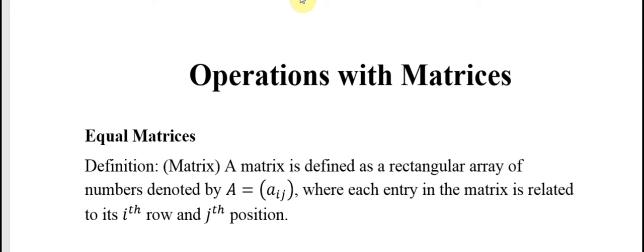So first, equal matrices. Definition: a matrix is defined as a rectangular array of numbers denoted always by capital A, and here in parentheses with the IJ entries. Here I represents the row and J represents the column.